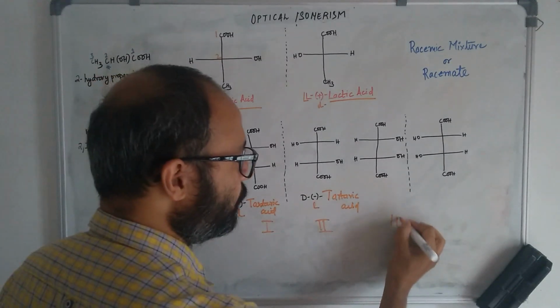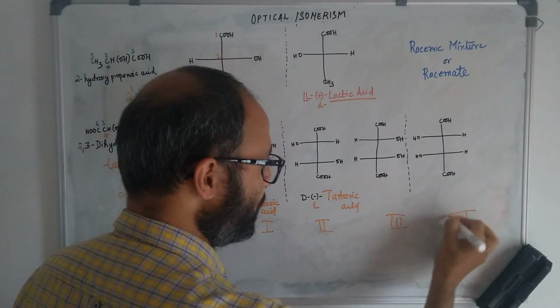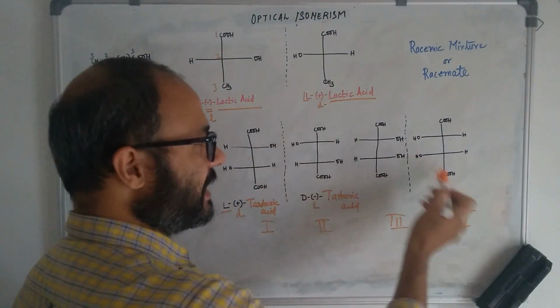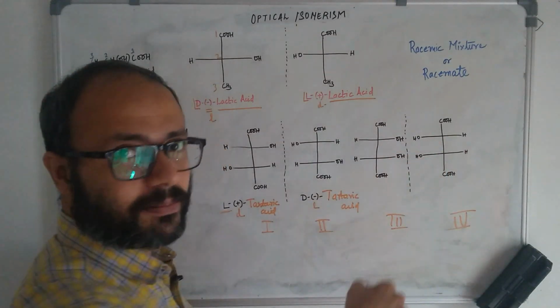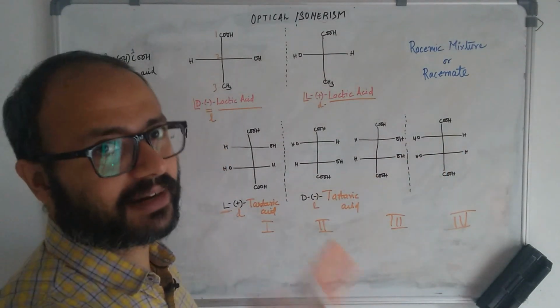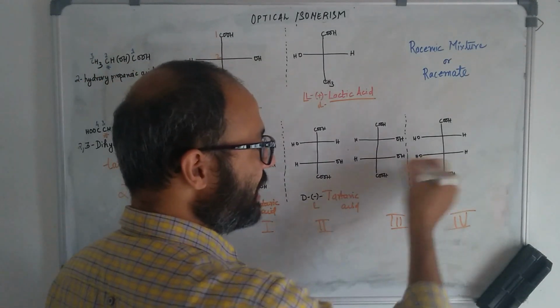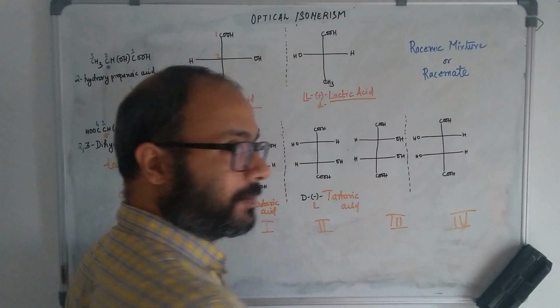Coming to the third and fourth stereoisomers, we have already discussed this in our live session. I'm just revising. If you see these mirror images, they are superimposable. Why they are superimposable, I've discussed in the previous video. If they are superimposable, that means they are optically inactive.